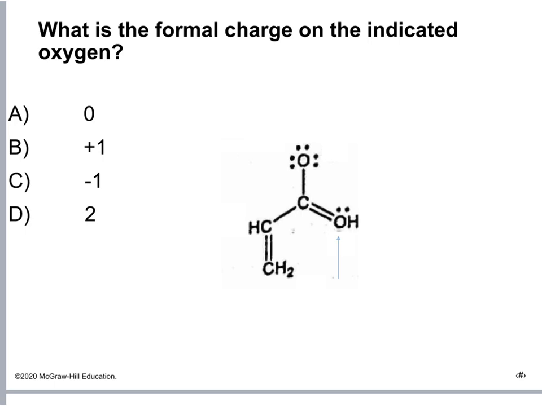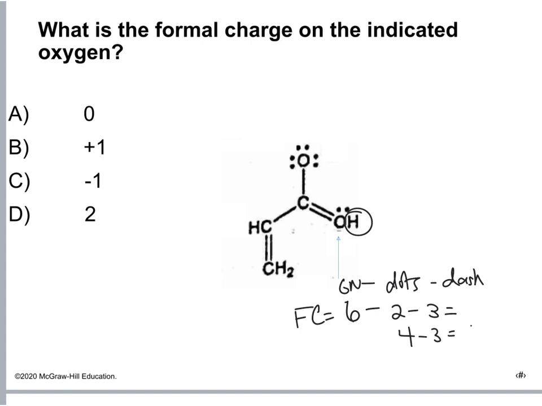So let's do another. Okay, so this oxygen, formal charge is group number 6 minus how many dots? 2, minus dashes, 1, 2, and when you're not seeing this, is 3. So 6 minus 2 is 4, 4 minus 3 is positive 1. So that's a positive 1.